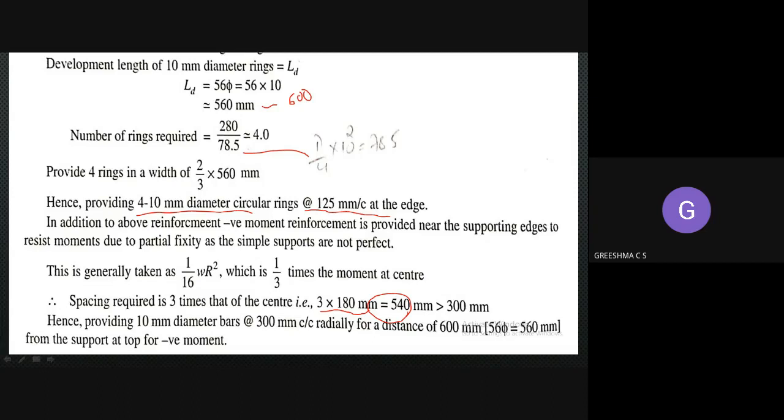So you take 3 times the spacing, that is 540, which is greater than 300, so limit the value to 300 mm and write a note like this: provide 10 mm diameter bars at 300 mm center to center radially for a distance of 600 mm.